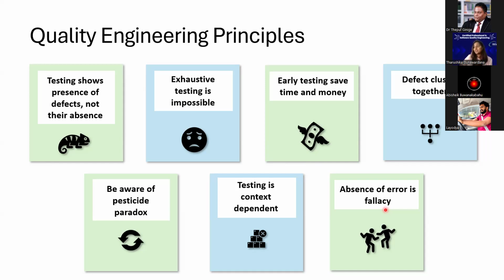So the idea behind this is absence of errors fallacy. That means even though we have done proper testing, even though all the bugs and defects which we have found are fixed, this software may still not be a good one if we are not meeting the customer's needs. So that's why it says absence of errors is a fallacy.